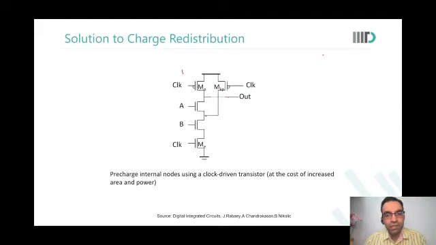Clock load would increase. Keepers are much smaller than these precharge transistors, but even then, clock load would increase. Sir, one small thing: last class someone asked whether the footer can be placed above A or B. The same thing could occur here also, because the clock would be changing from 1 to 0 and there from 0 to 1, so a direct short path could exist.